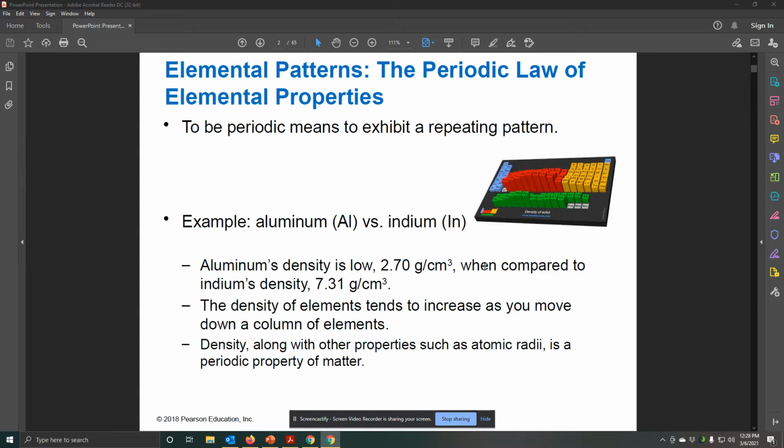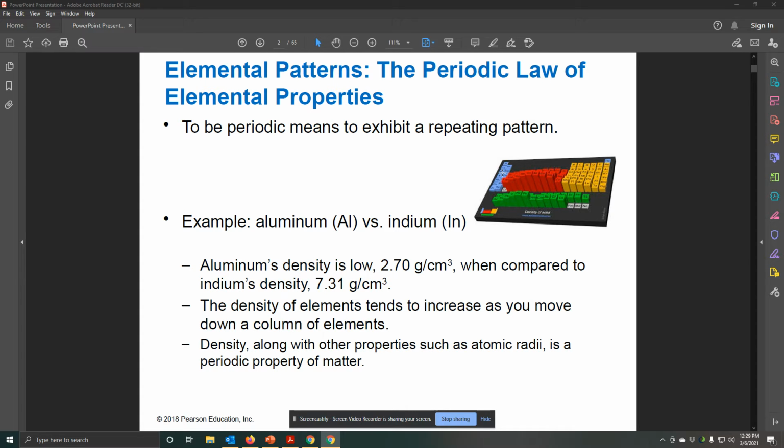For example, when we look down a group, so when I say a group, if you're starting at the top and going down, those are our groups. As we go down the group, the density is going to change and it increases along with the size of our atoms.